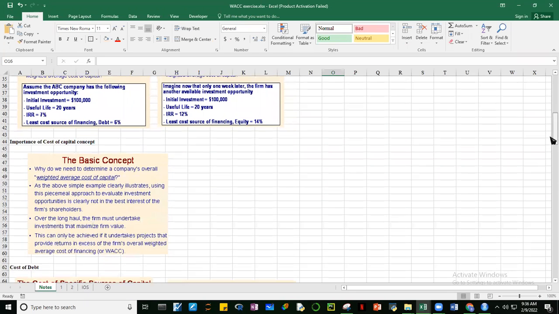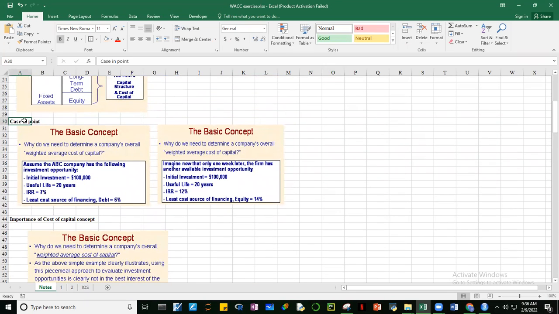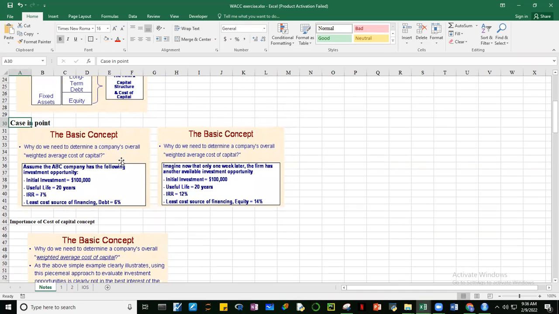Okay, so this is just a quick overview. Okay, why do we need to determine the weighted average cost of capital? So you have here an example where a company would like to invest initially 100,000. The useful life of the asset is 20 years. And then it was computed that the IRR is 7%. Okay, and then the least cost source of financing is debt, 6%.